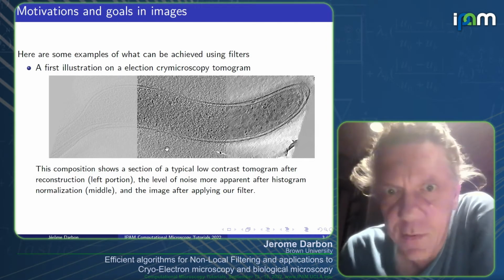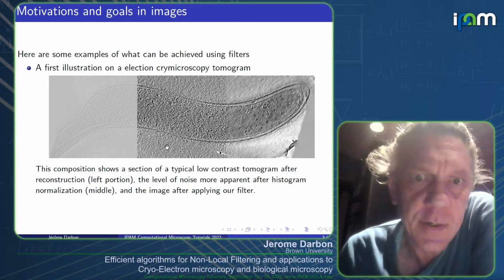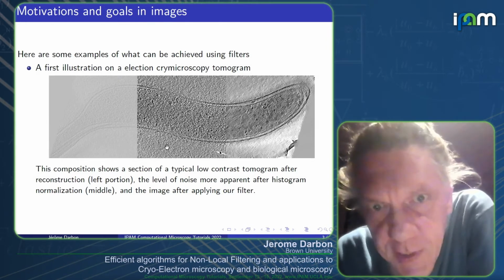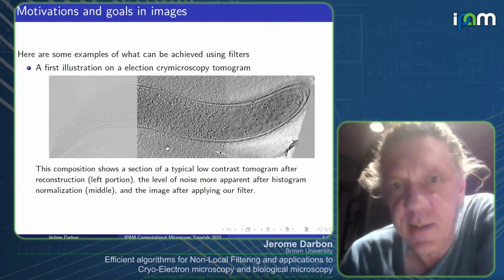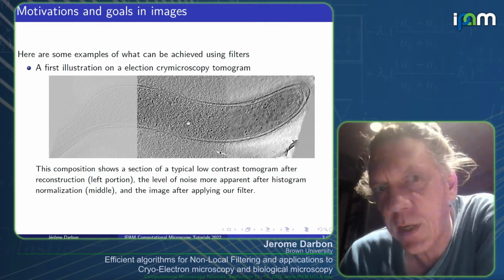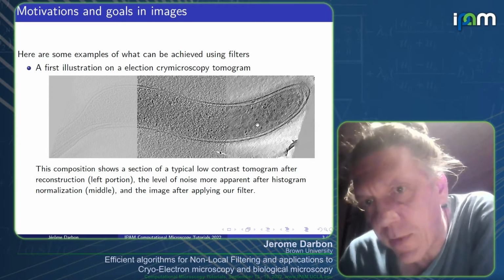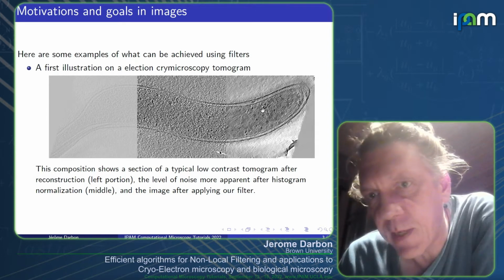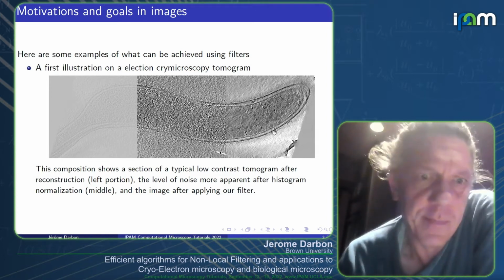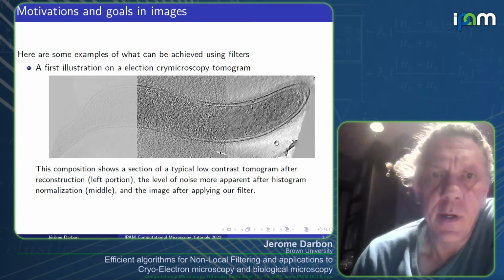If you do the histogram equalization, then you get more contrast, but you see a lot of noise, and it's really hard to see the structure inside this bacteria. And what you see on the right, after the filtering, you start seeing some filaments that are actually present in these images.